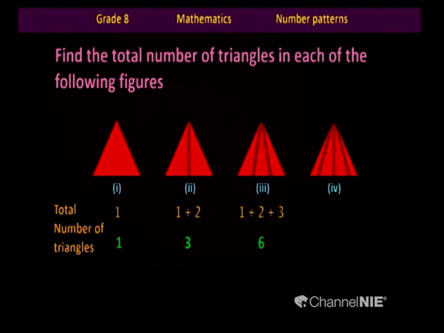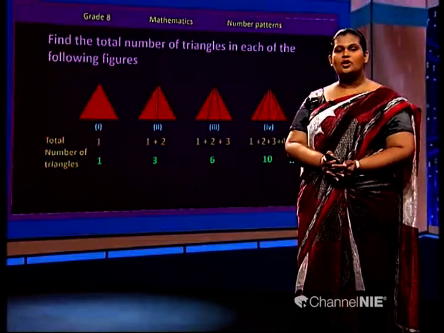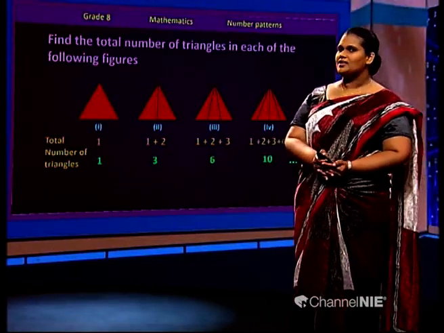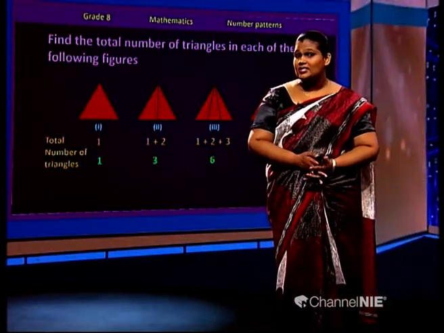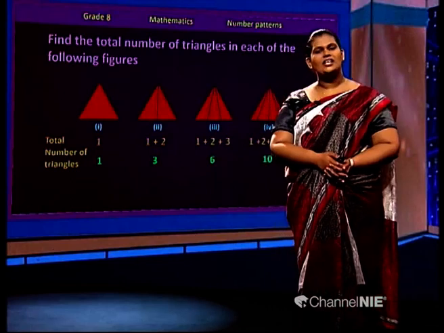When you have a look at the fourth one, what can you say? There are 1 plus 2 plus 3 plus 4 triangles. That means you have got 10 triangles. Right. Now, I have put some dots after that also because I have understood what this pattern is.